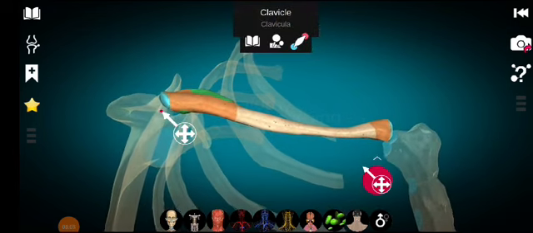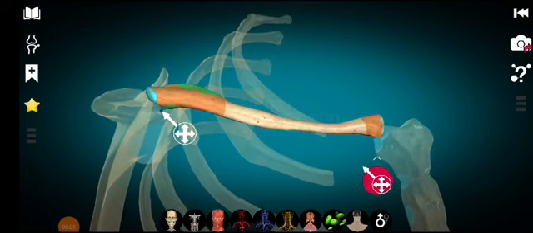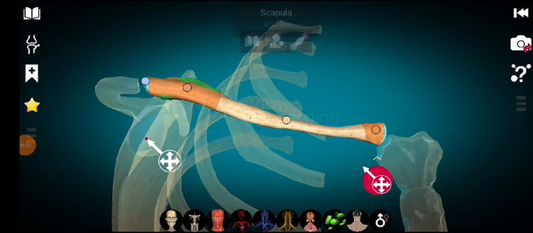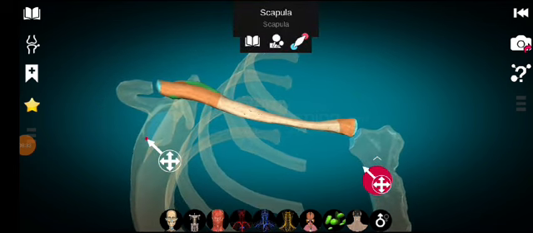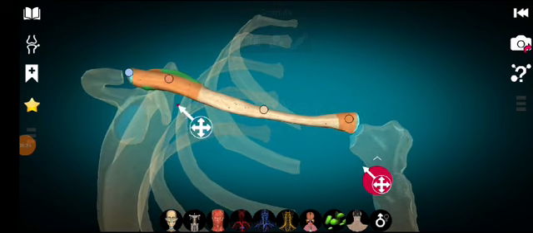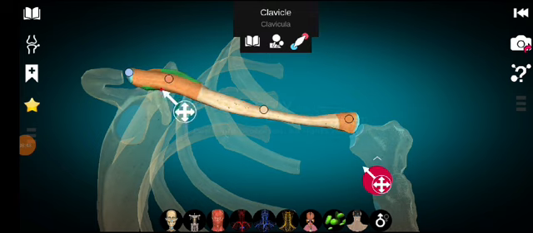Now what are the functions of the clavicle? There are three main functions of the clavicle. It provides a rigid support from which the scapula and the upper limb are suspended. The clavicle is attached here to the scapula at the acromioclavicular joint, and to the scapula the humerus is attached.